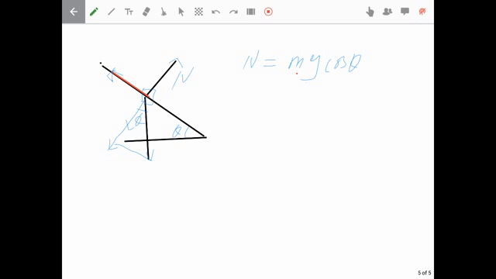And for the friction, what does it equal? The maximum friction should equal N times the friction coefficient 0.46, which equals 0.46 mg cos theta.